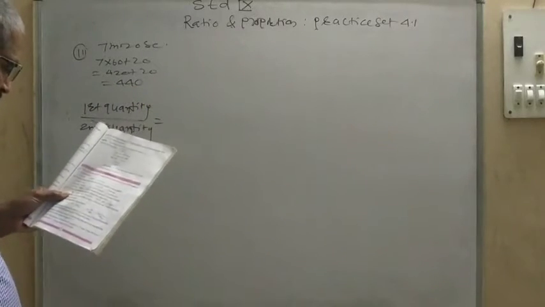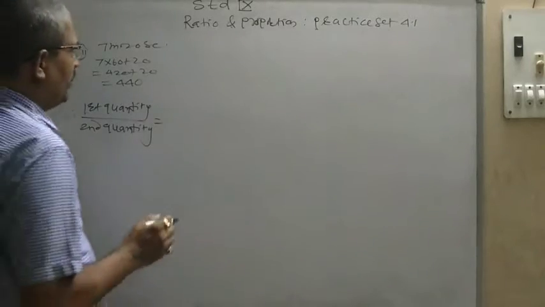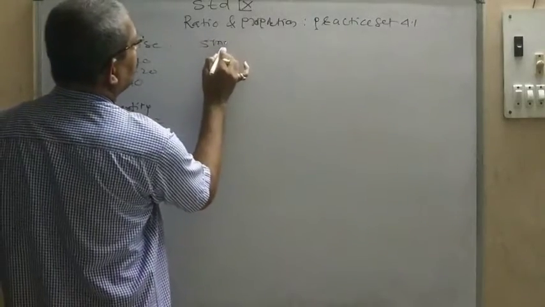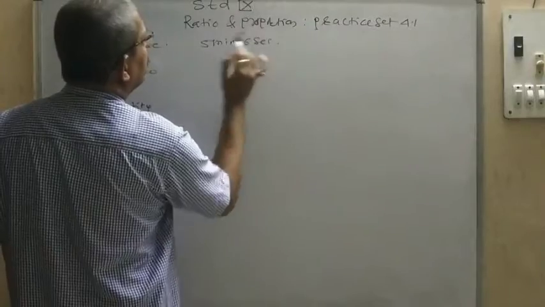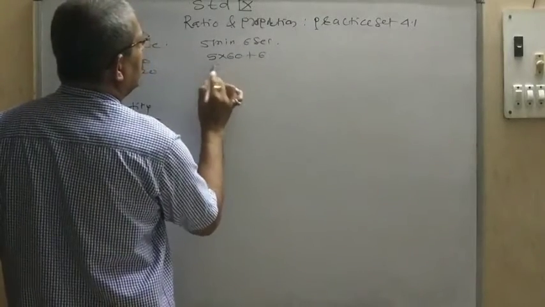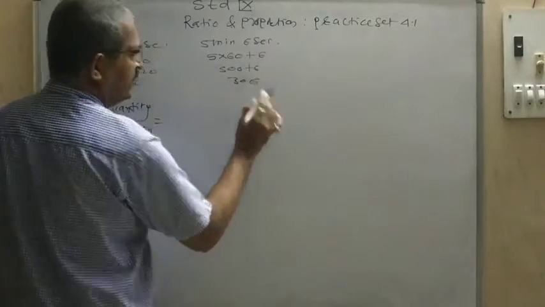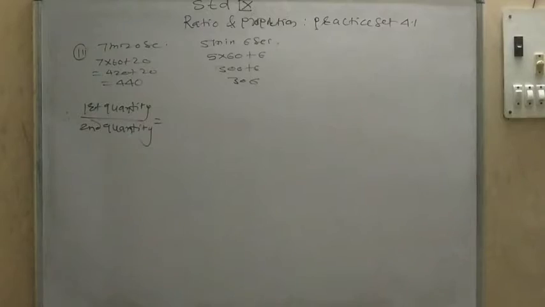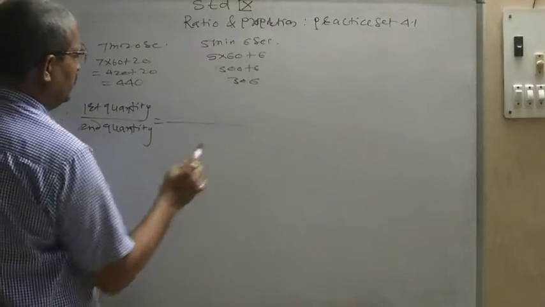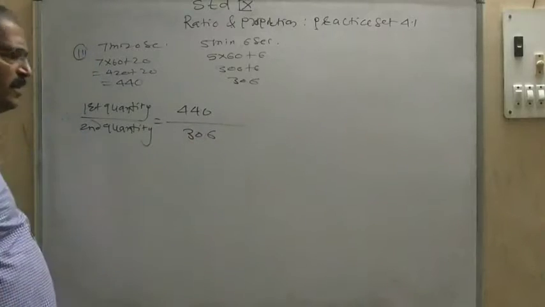Okay, 7 minutes 20 seconds. And the next one is 5 minutes 6 seconds means 5 into 60 plus 6. 5 60s are 300 plus 6 is 306. Now first quantity upon second quantity is 440 upon 306.